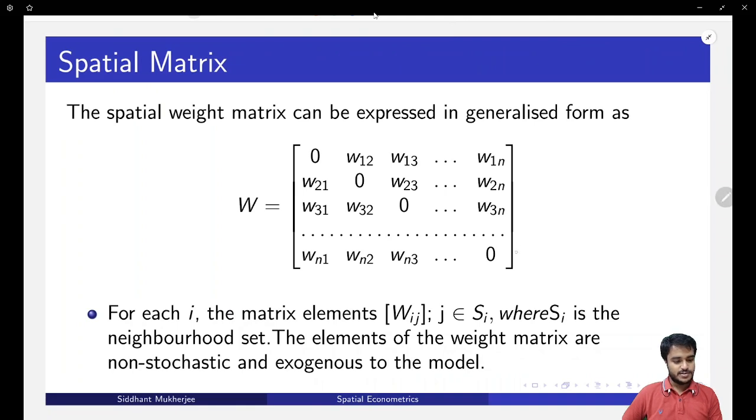It is obviously a cross matrix. So this is the whole form of w_ij, and w_ij is called the spatial weight.